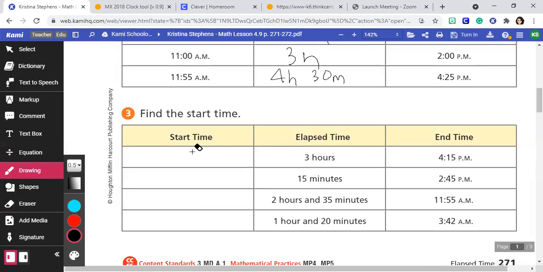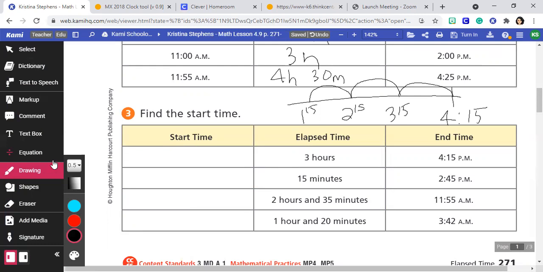Let's go backwards. Starting at 4:15, we can go back 3:15, 2:15, 1:15. One whole hour back would be 3:15. 2 whole hours back would be 2:15. 3 whole hours back would be 1:15.